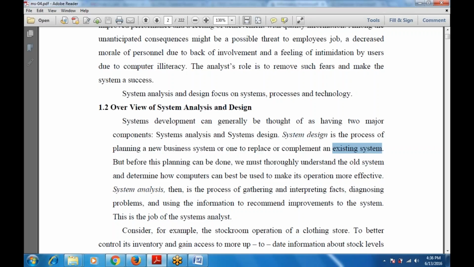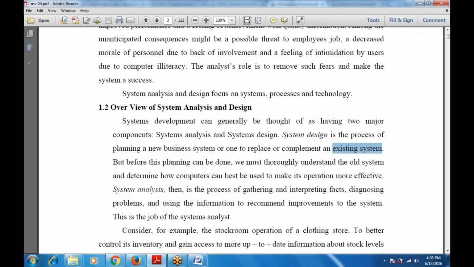For example, if there is one system already available for adding two numbers, that system may be replaced or complemented with a new system. Or we are planning for a new business component. These two parts are also covered in system design. So it's a process of planning a new system or replacing or complementing an existing system.